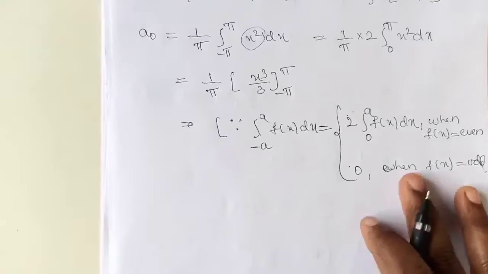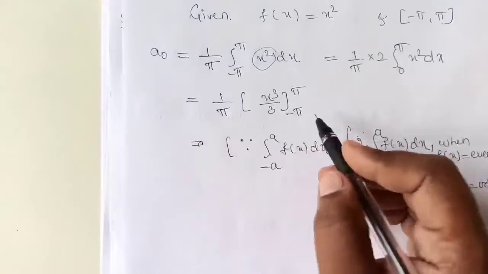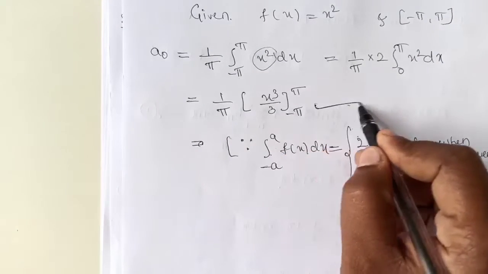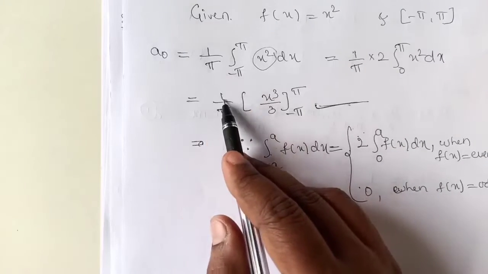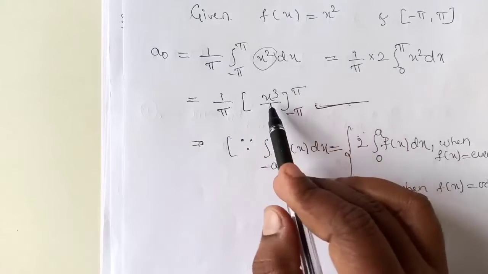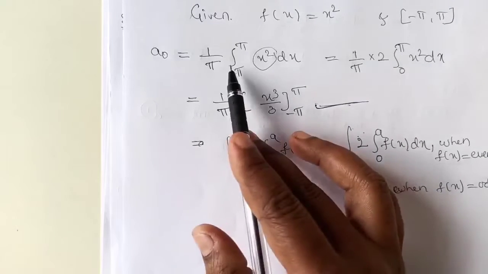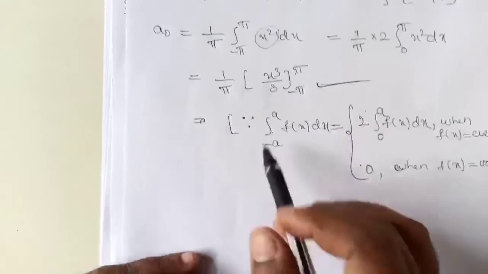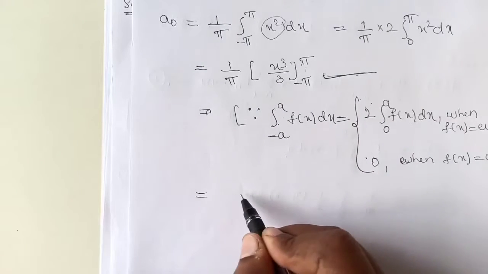So we start here only. 1 by pi, x square integration is x cube by 3, from minus pi to pi. Now on adding limits we get 1 by pi.